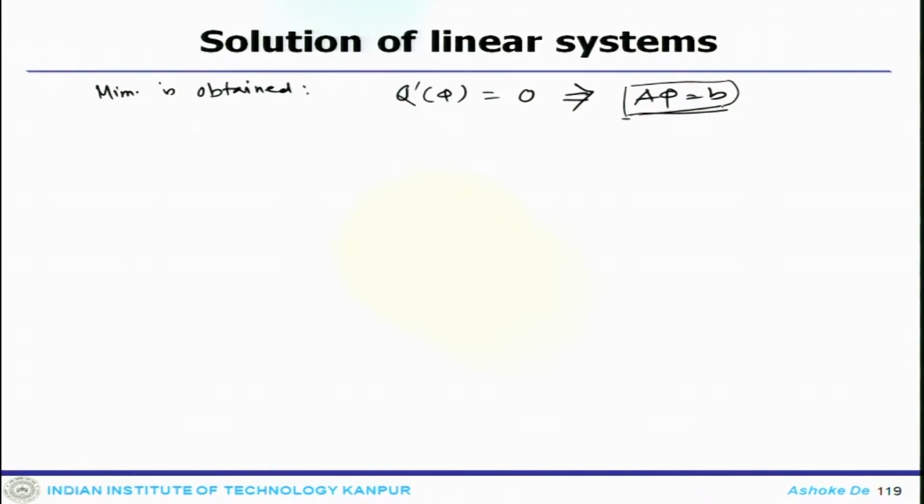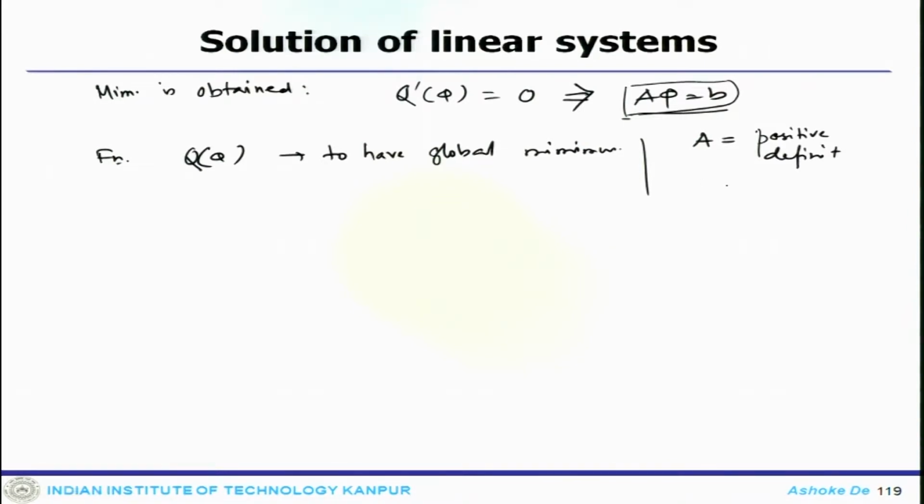Now, for this function Q phi to have a global minimum, it is necessary for the coefficient matrix A to be a positive definite matrix, that means it satisfies phi transpose A phi greater than 0 for all phi not equal to 0.